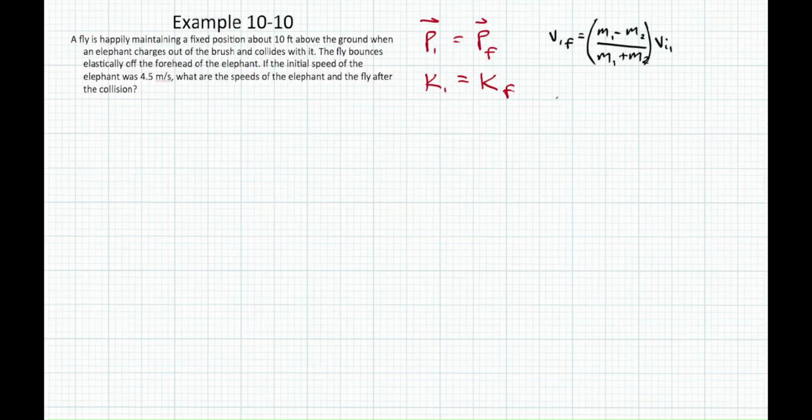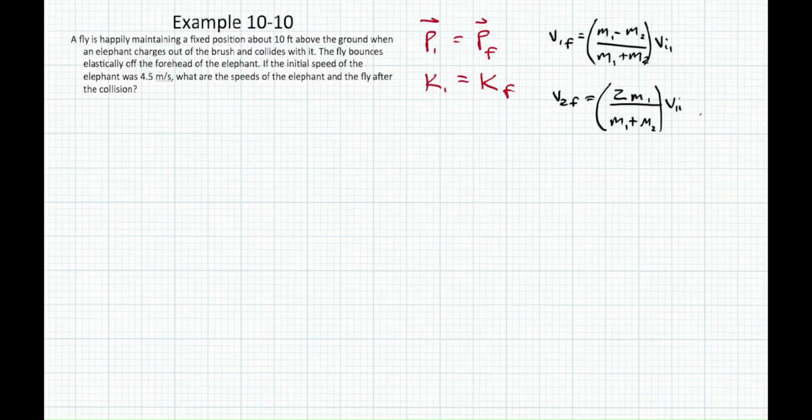So velocity 2 final is equal to, in brackets as well, 2 times mass 1 over mass 1 plus mass 2, that times the initial velocity of object 1 as well.